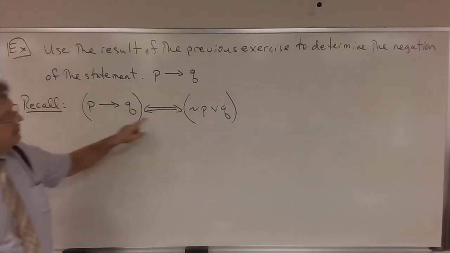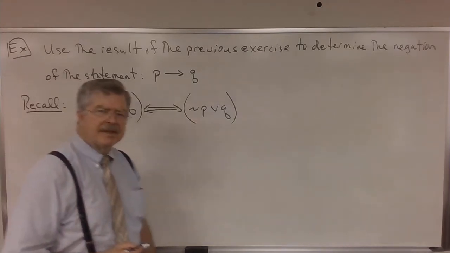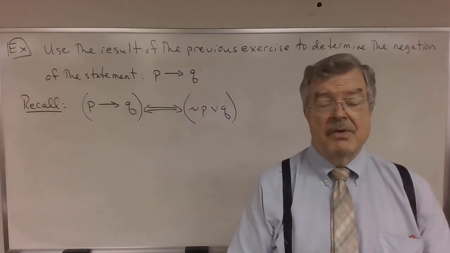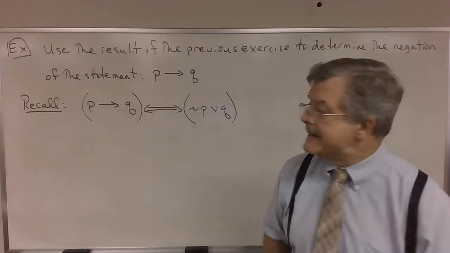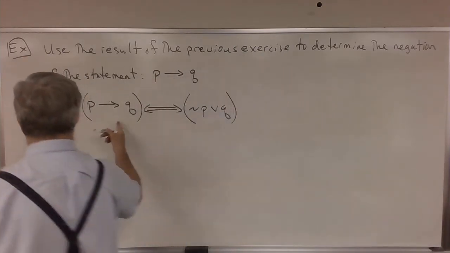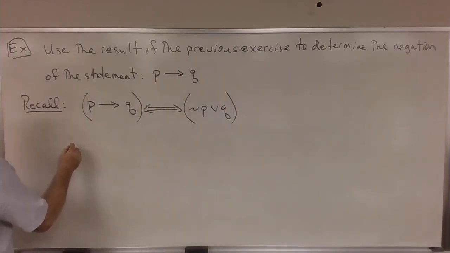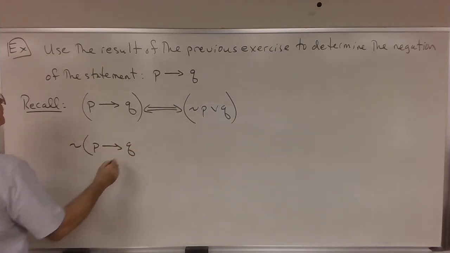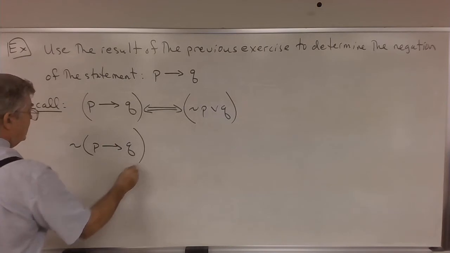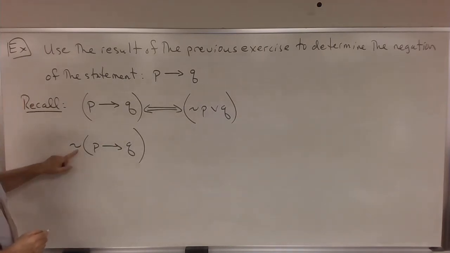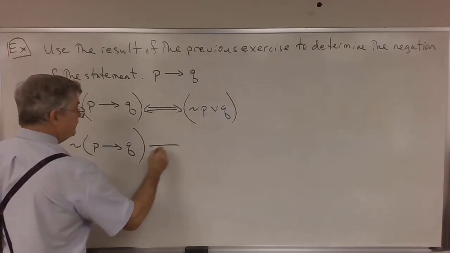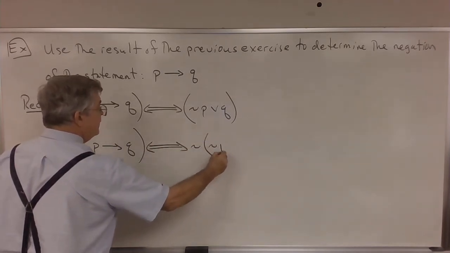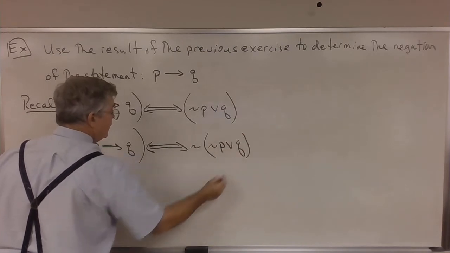Well, if these two things are equivalent, then their negations would have to be equivalent also. So let's negate both of these. Negation of P implies Q, which is what we're looking for. And that's going to be logically equivalent to the negation of not P or Q.